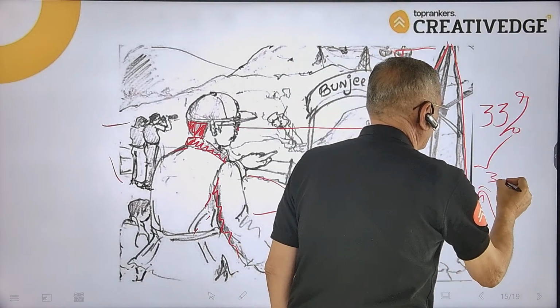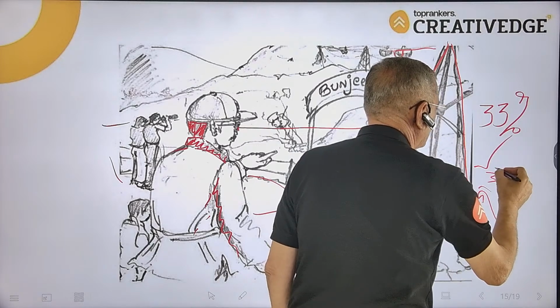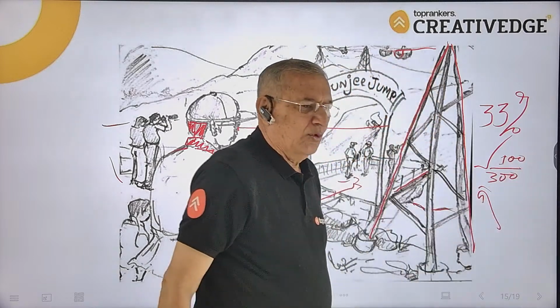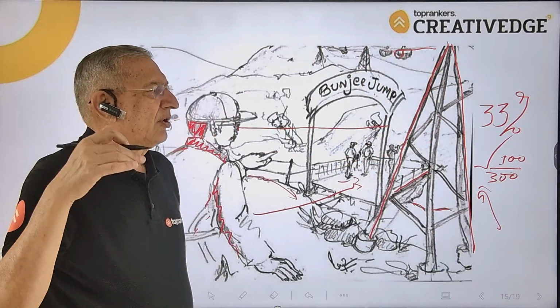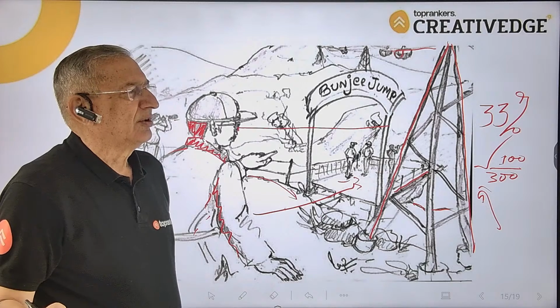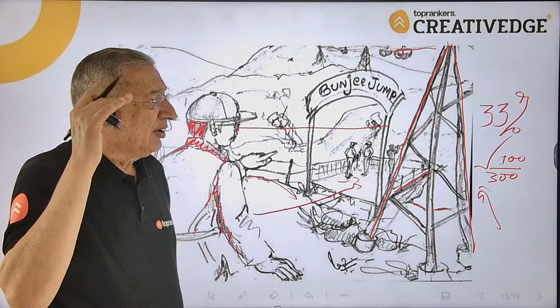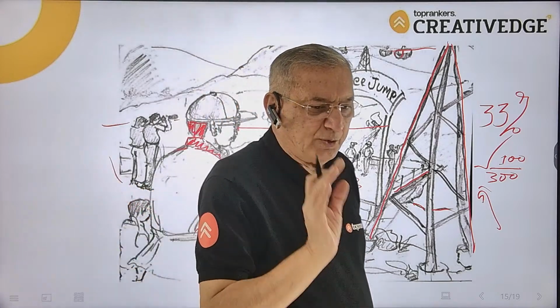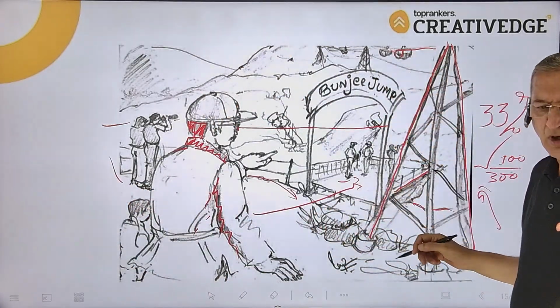Total question paper 300, out of which 100 marks are for drawing. Many people can score good marks in aptitude, but only few can score good in the drawing.